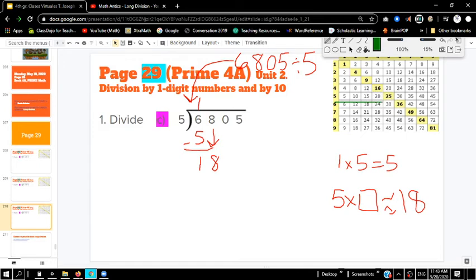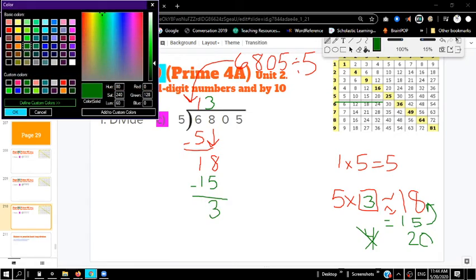So it cannot be 4 because that would actually go over the number. So it must be a number that's smaller, like 3. 5 times 3 equals 15, which is the first number that's closest without going over 18. So we're going to put our 3 on the top. 3 times 5 is 15. Now we subtract. 18 minus 15 is 3.